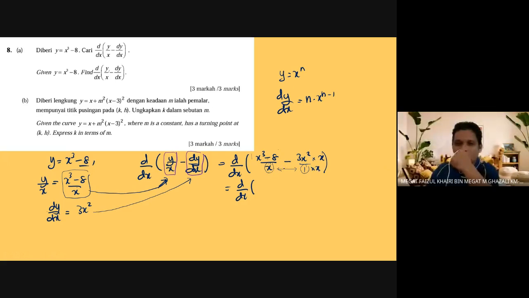Now the denominators of both fractions are equal, so we can simplify as one fraction: x cubed minus 8 minus 3x cubed, divided by x.